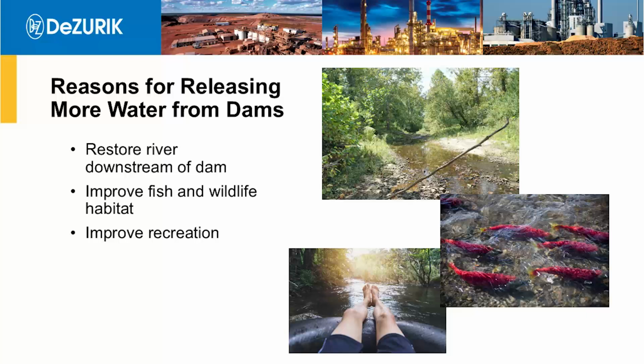You've got to do it on a schedule. And finally, there's a small stakeholder group that says, "Hey, we'd like to do whitewater rafting or kayaking or inner tubing," and you're drying up the river. So all three of those reasons are why dam owners are being asked to release more flow, which in many cases means open a valve that they haven't opened in a long time or increase the size of that valve.